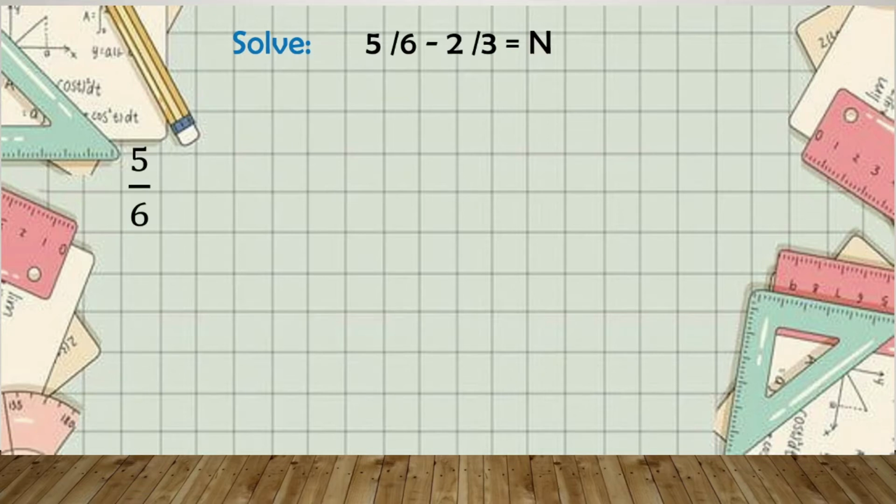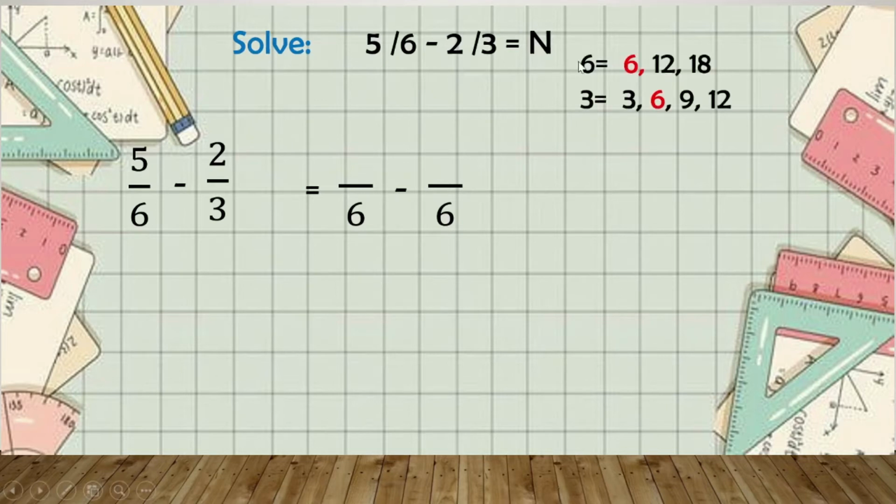So, let's say we have 5/6 minus 2/3. As you can see, we have a denominator of 6. So, how did we get the 6? We have a new denominator of 6. Like what we did before, you're going to find the LCD using the multiples. So, we have 6, 12, 18, then 3, 6, 9, and 12. Here, 6 is their LCD.